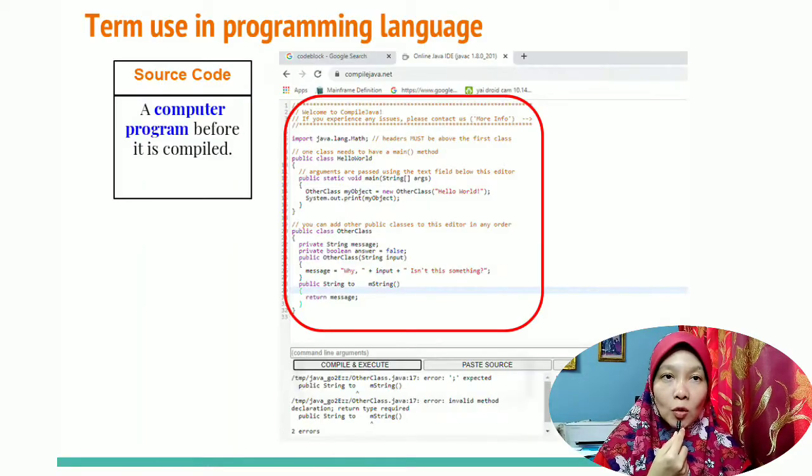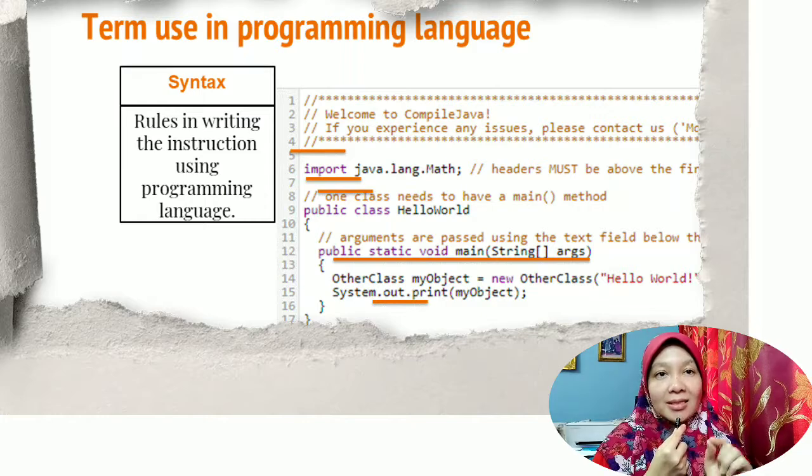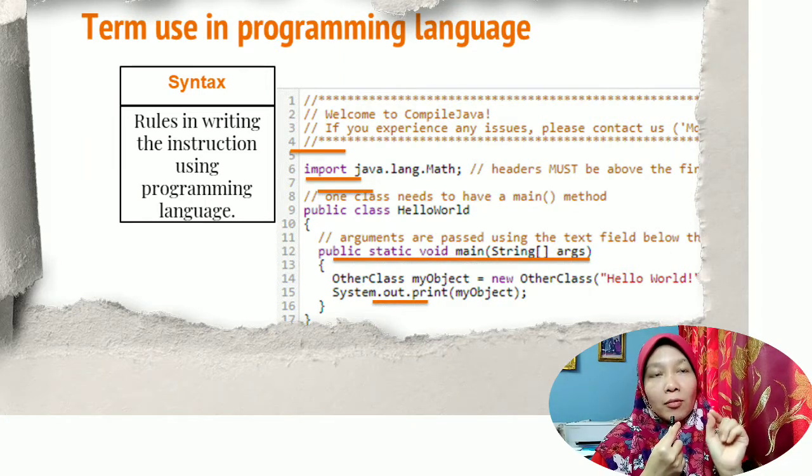Number three is source code, also known as code, also known as program code before it is compiled. Number four, syntax. What is syntax? Syntax is the rules when you are writing instructions using a programming language.